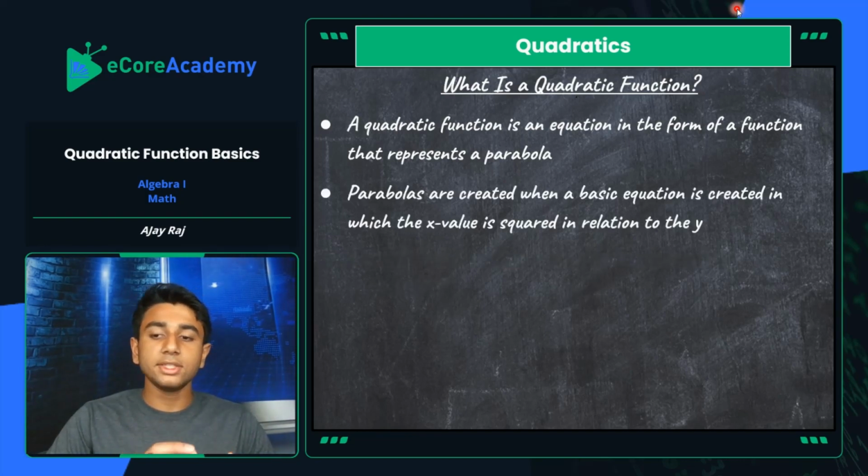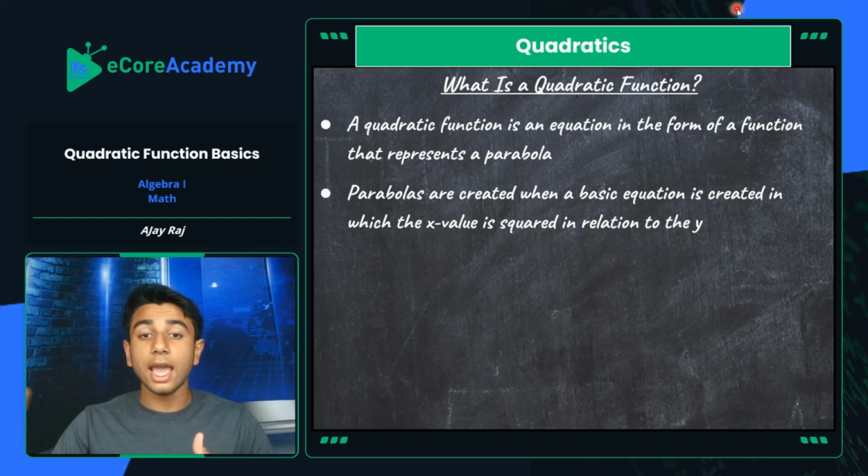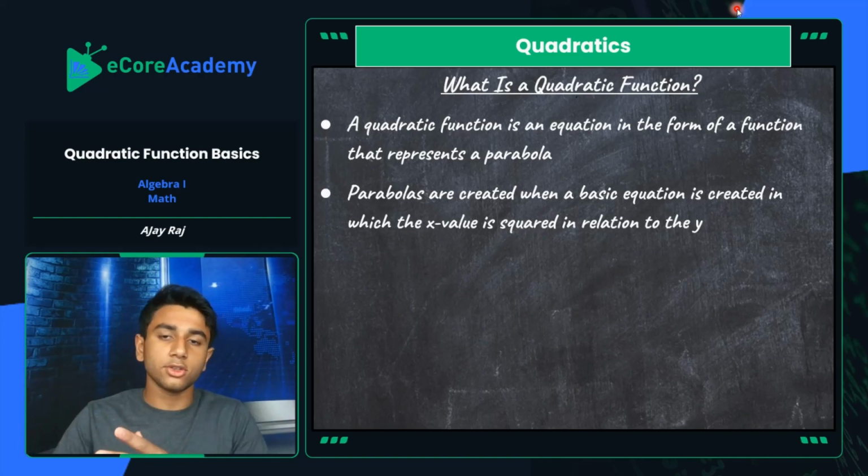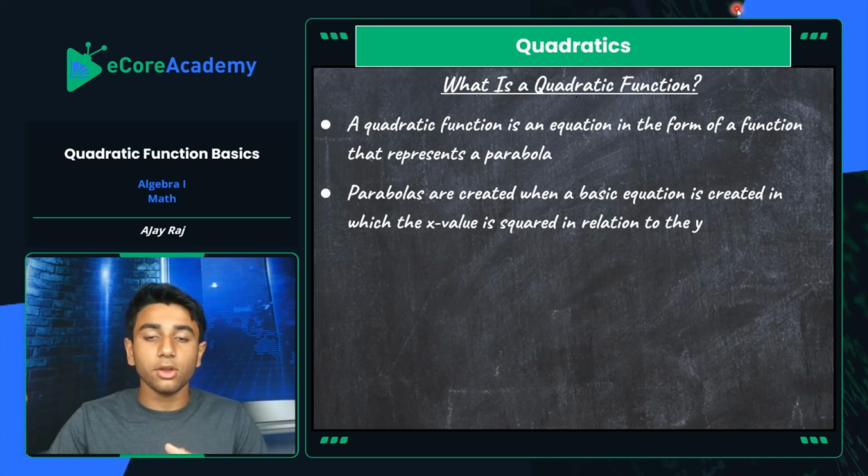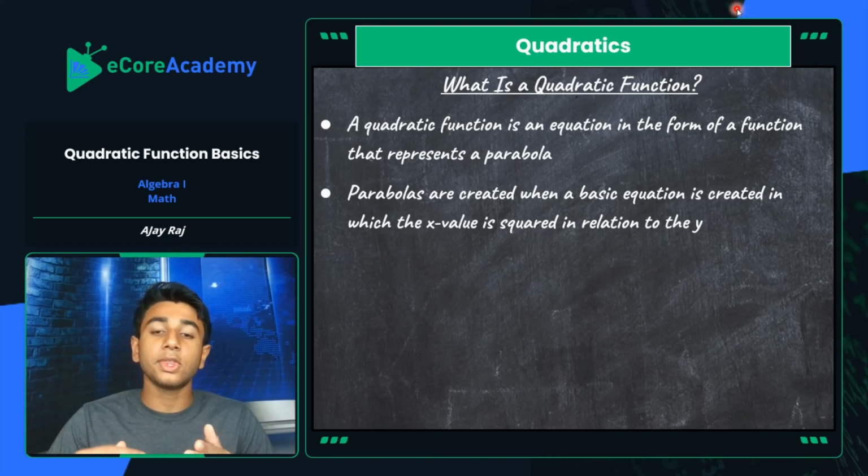Parabolas are created when a basic equation is created in which the x value is squared in relation to the y. We think of a regular linear equation as y equals x, or y equals some sort of transformation of x, like y equals mx plus b. It's y in relation to just your original x value. However, in this case, you're taking it up to the next power.